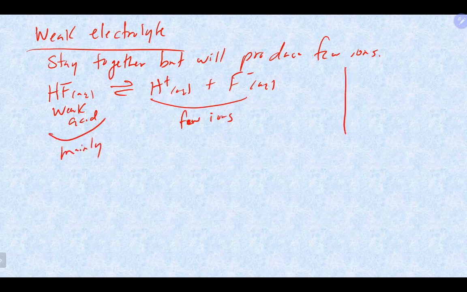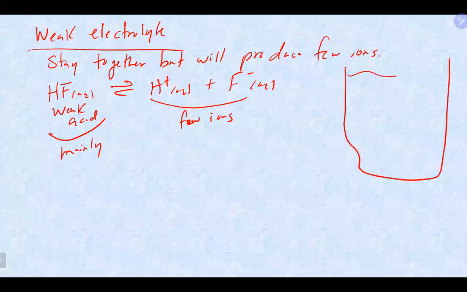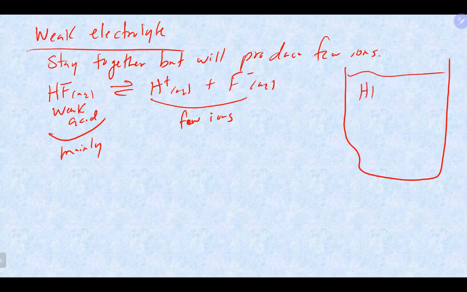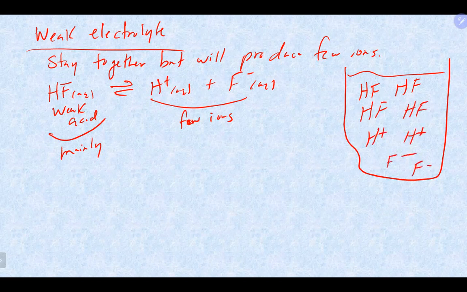So if you looked at a beaker of HF, you mainly have these HF molecules together, but you still are producing a little bit of ions in there as well. So it mainly stays together, but because it's still able to produce a little bit of ions, it is still considered an electrolyte.